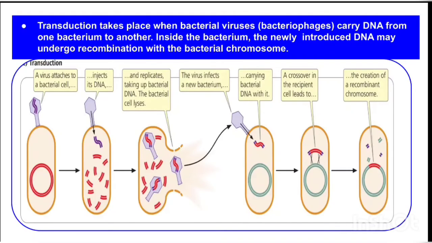Once it injects its DNA, the bacterial chromosome gets broken into fragments, and a fragment will combine with the DNA which comes from the virus. Then the virus takes that recombinant DNA, there is a crossover in the recipient cell, and finally a recombinant chromosome is created.